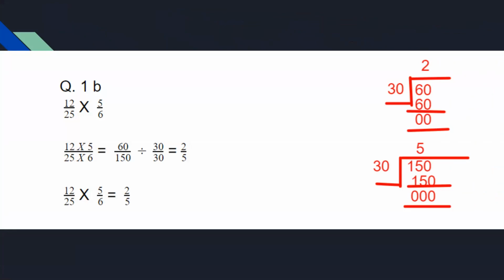So we will divide by 30 to reduce it to the smallest form. 60 divided by 30 equals 2. 150 divided by 30 equals 5. So our final answer is 2 by 5. When we multiply 12 upon 25 and 5 by 6, we get the final reduced answer, that is 2 by 5.